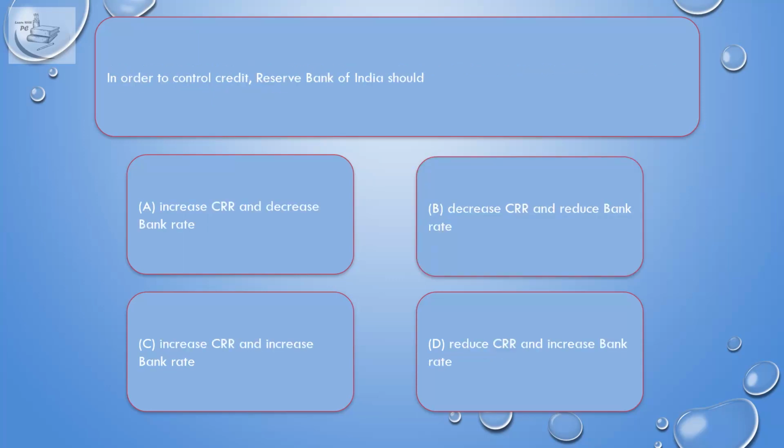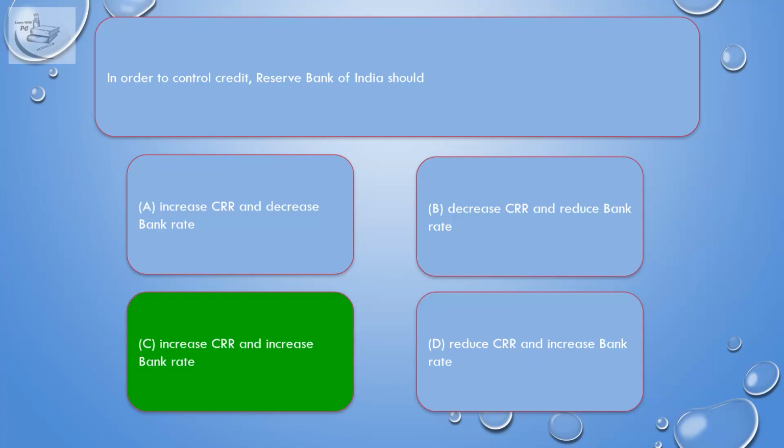Question: In order to control credit, Reserve Bank of India should A. increase CRR and decrease bank rate. B. decrease CRR and reduce bank rate. C. increase CRR and increase bank rate. D. reduce CRR and increase bank rate. Correct answer is C. increase CRR and increase bank rate.